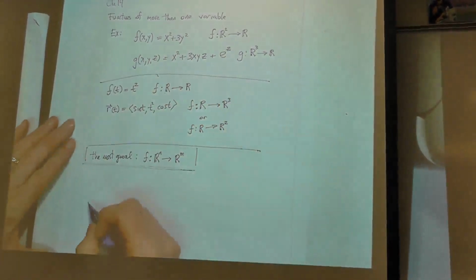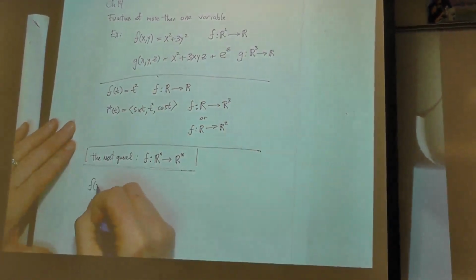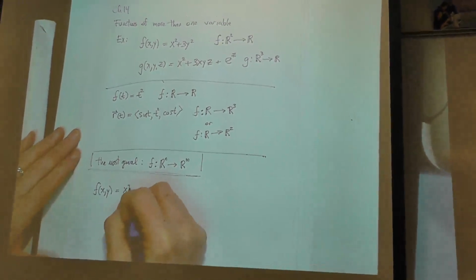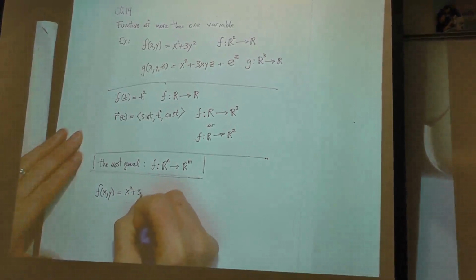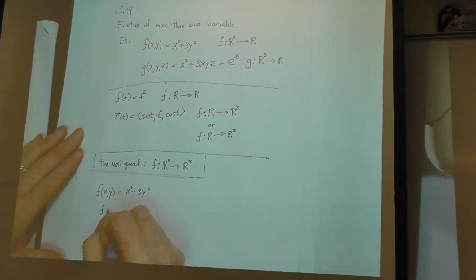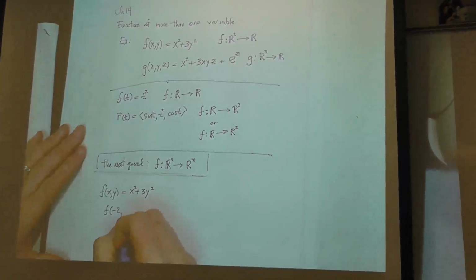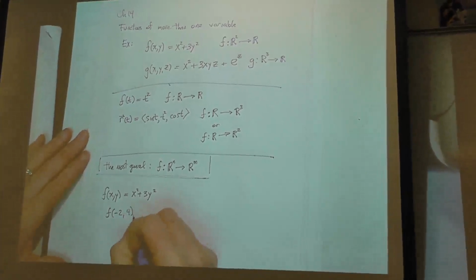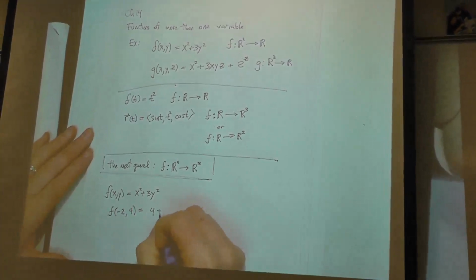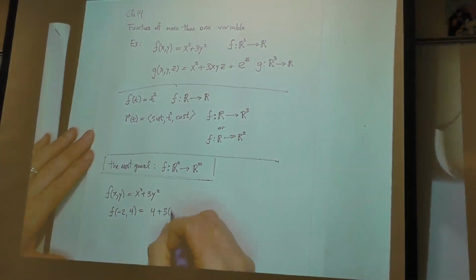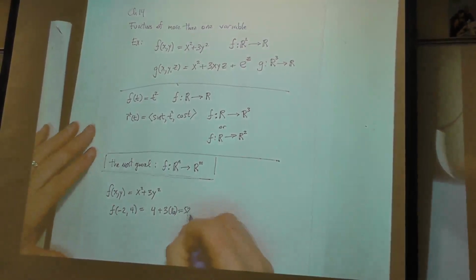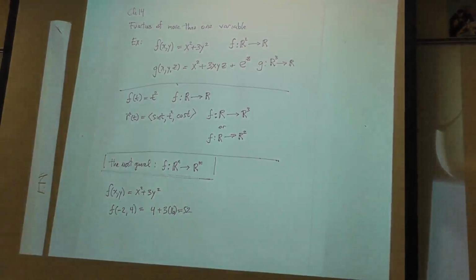So if, for instance, I say f of x, y is x squared plus 3y squared, and I ask what is f of -2, 4, this is going to be 4 plus 3 times 16, which is 52. There's nothing fancy going on.